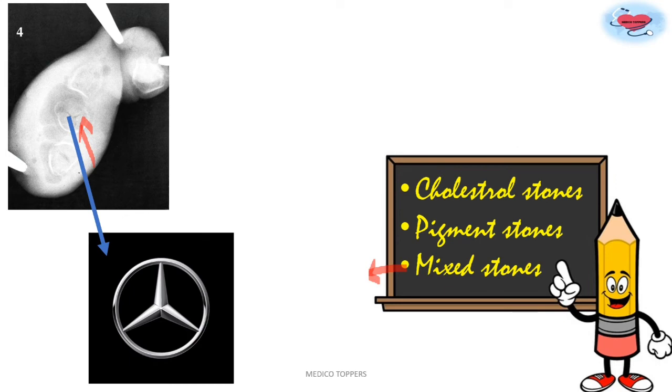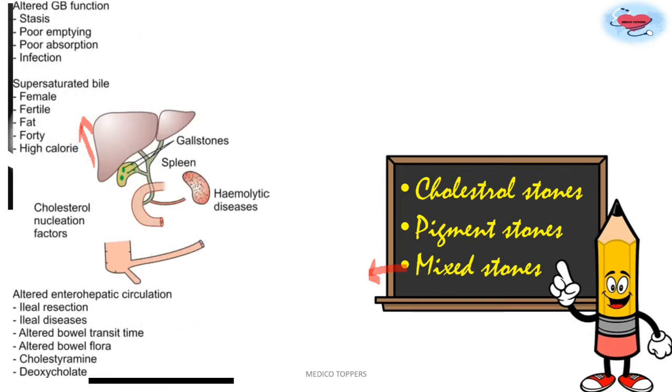Next comes the causes. The factors which alter the cholesterol to bile salt ratio will lead to gallbladder stone formation, mainly obesity, OCPs, ileal disease, ileal resection, high calorie intake, and stasis and altered gallbladder function.